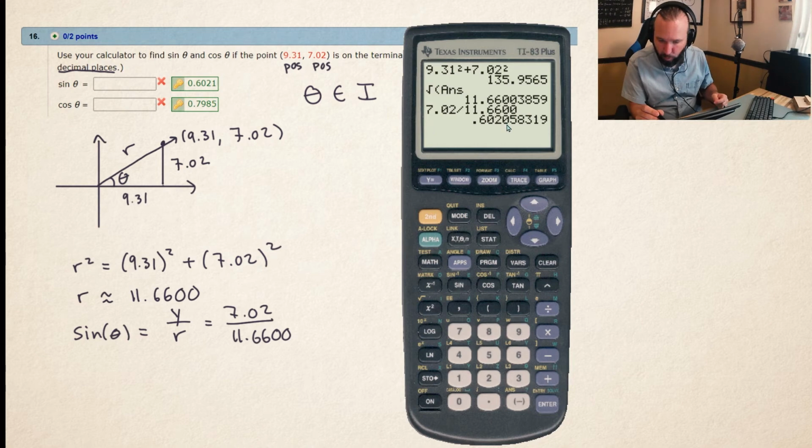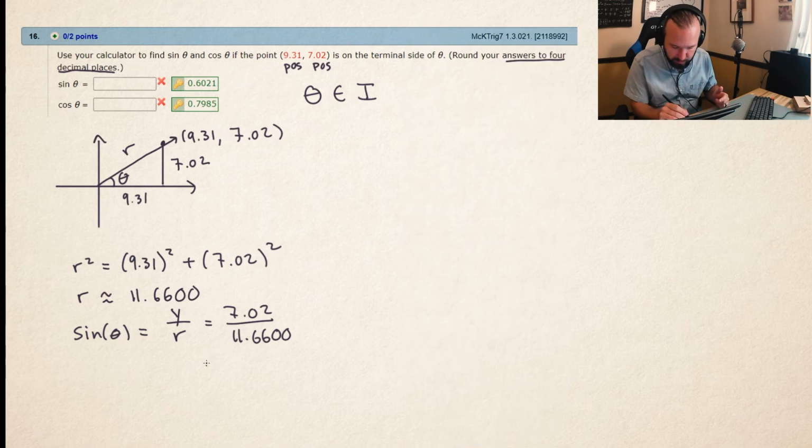Then I look one more decimal place, and that's a 5, so I need to round that 0 up. So this is 0.6021, because I rounded it up.